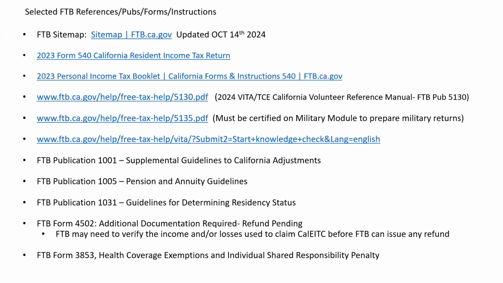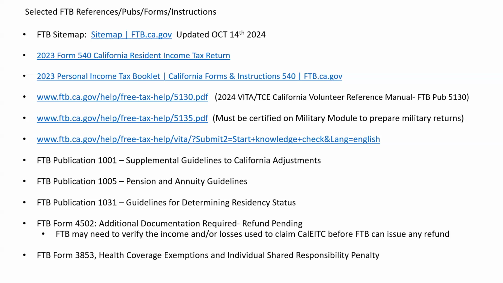Okay. This is a very busy slide. So we'll talk about some of these items and they may be of use to you or maybe use to the site coordinator. And so when you're talking about the Franchise Tax Board, they have what is called a site map. And that site map was updated about a month, almost 2 months ago. And what it is, a very detailed landing page, if you will, that talks about credits, deductions, and income.